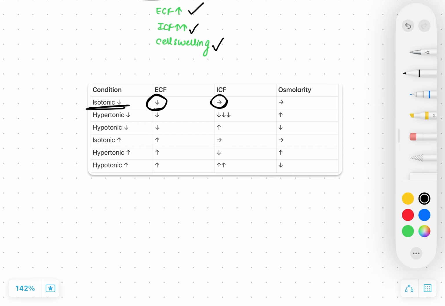Since the osmolarity of the ECF is increased, water will move from the ICF into the ECF. If there is more solute loss, hypotonic volume contraction, this causes a decrease in the osmolarity. If the osmolarity outside the cells is reduced, water will move from extracellular to the intracellular fluid, leading to cell swelling.